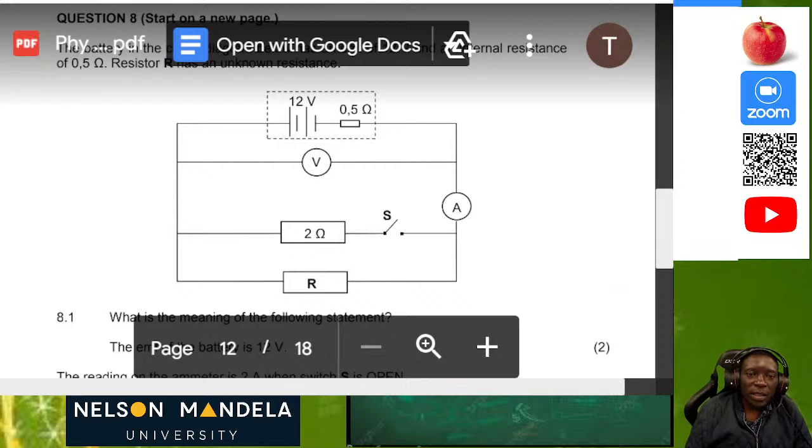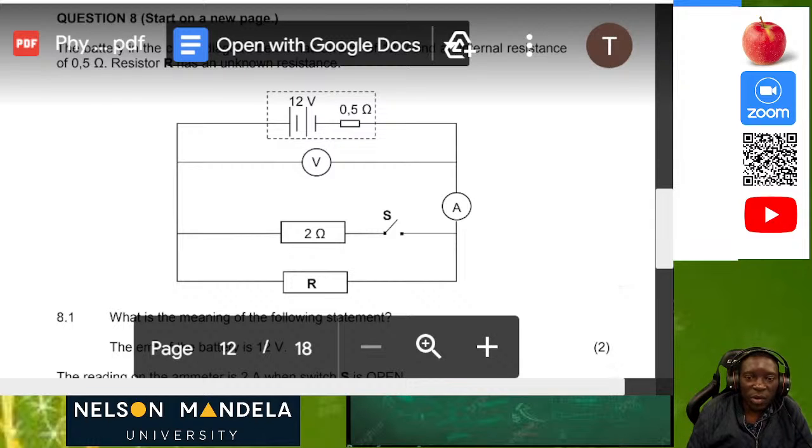So we have a circuit connected with a 12-volt supply and an internal resistance of 0.5 ohms, and in parallel to it is a 2-ohm resistor and another unknown resistor R. There's a switch connected to the parallel part of the circuit where we have a 2-ohm resistor, and we have an ammeter, and this ammeter should measure the current through that point in the circuit.